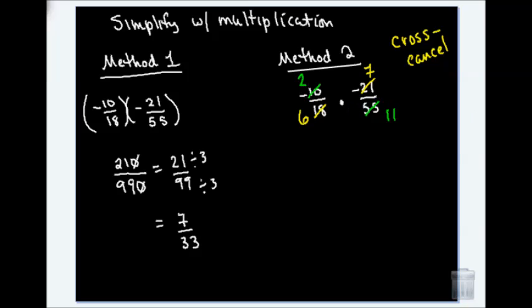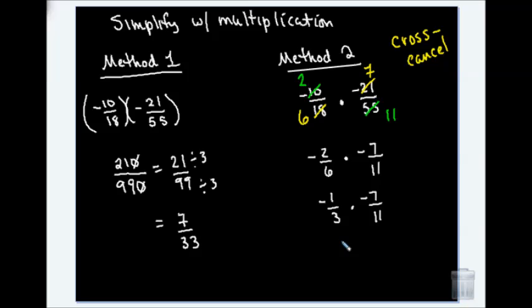Now look at this though. Now I have 2 over 6. What I've now got is negative 2 over 6 times negative 7 over 11. But 2 and 6 are both even. So I'll reduce those. So you can reduce inside your fraction and you can reduce by cross-canceling.